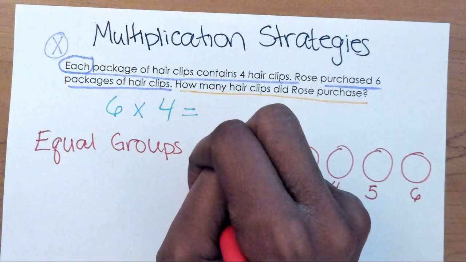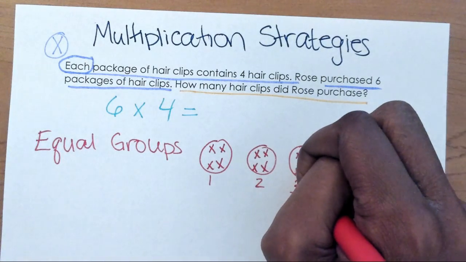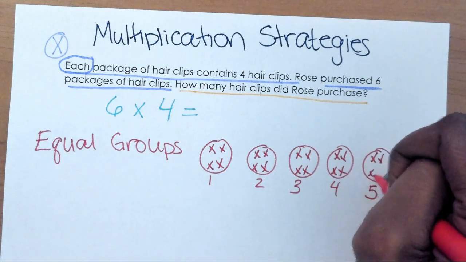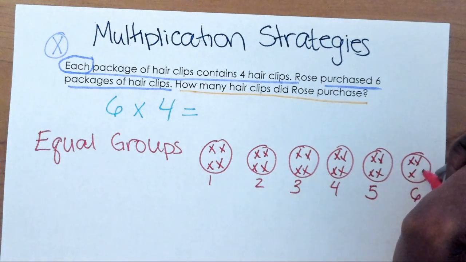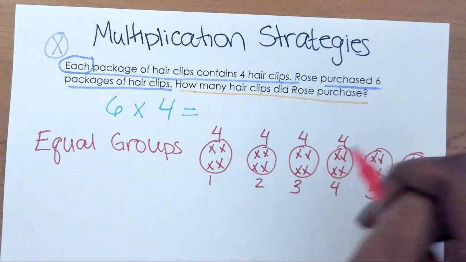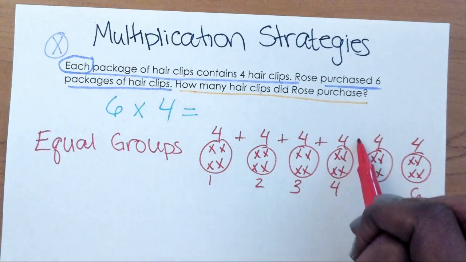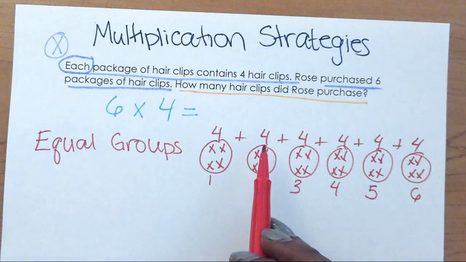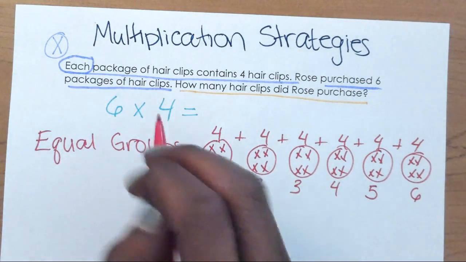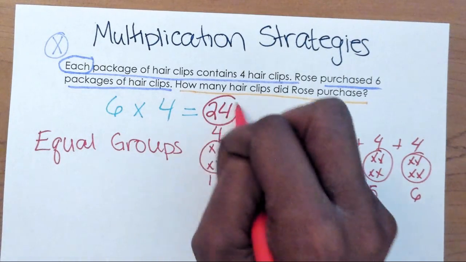So we're going to mark 4 inside of each package of hair clips. And we have 4, 4, 4, 4, 4, and 4. This is now just repeated addition. We have 4, 8, 12, 16, 20, 24. So 6 equal groups of 4 equals 24.